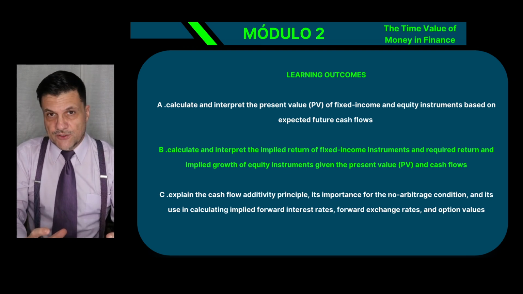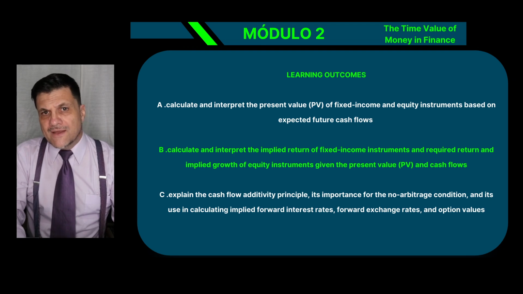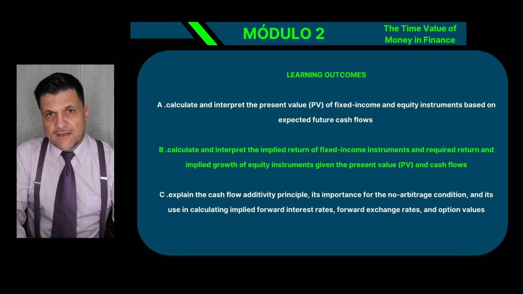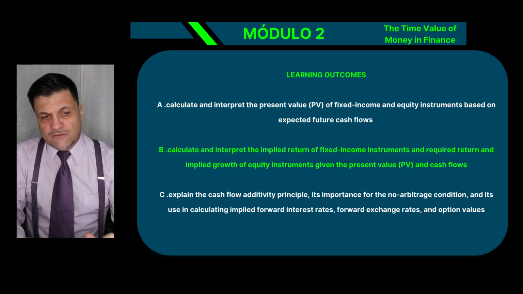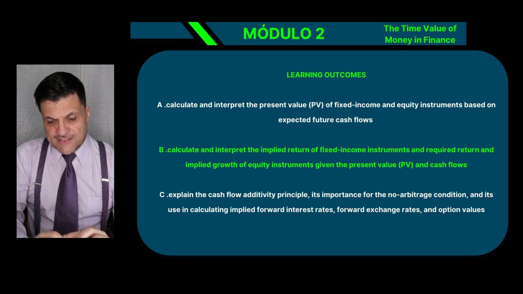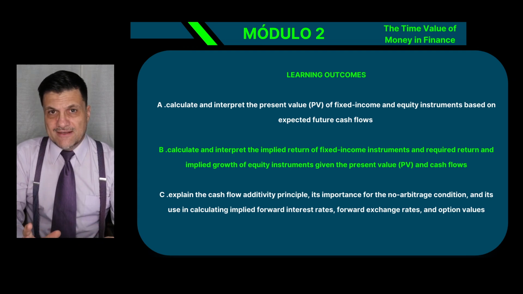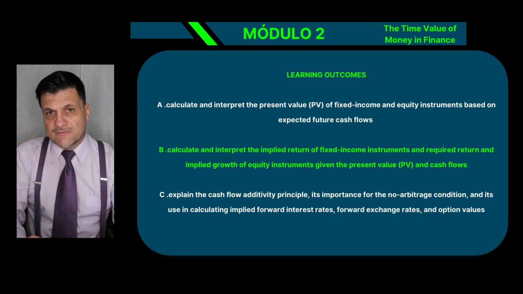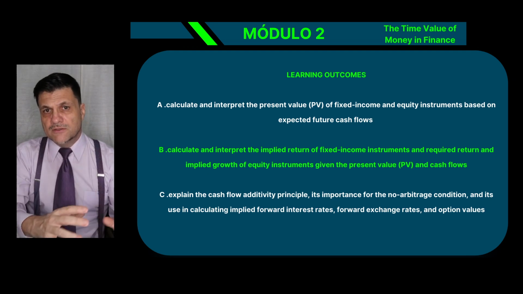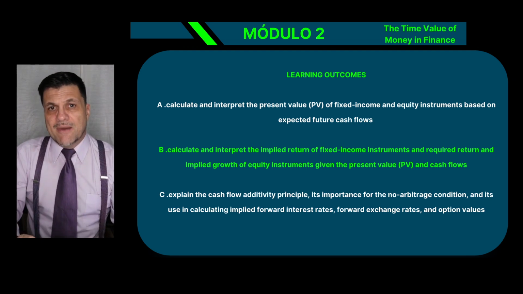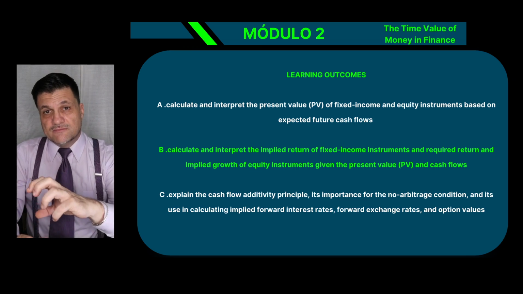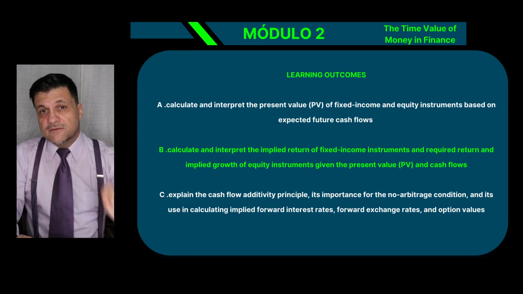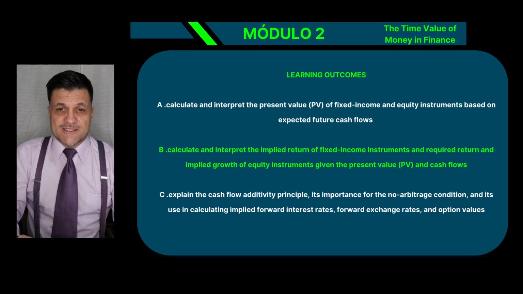Now you're going to buy the cheapest one, and you're going to sell the most expensive one. Remember, it's the same item, the same asset, but one is being sold at a higher price and the other at a lower price. So I borrow, and then I buy from the cheapest market, and then I sell at the most expensive market.